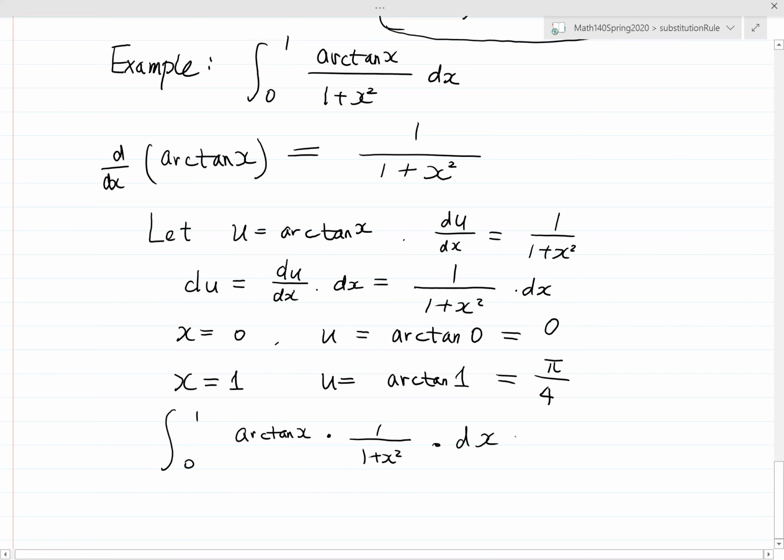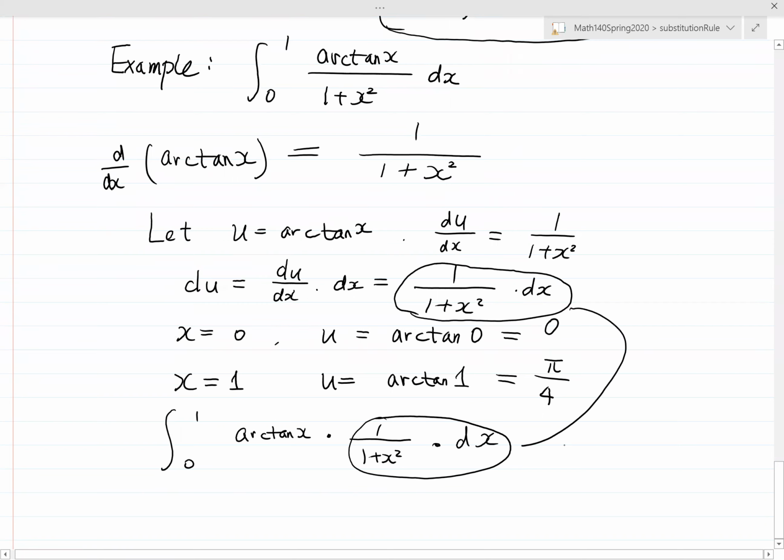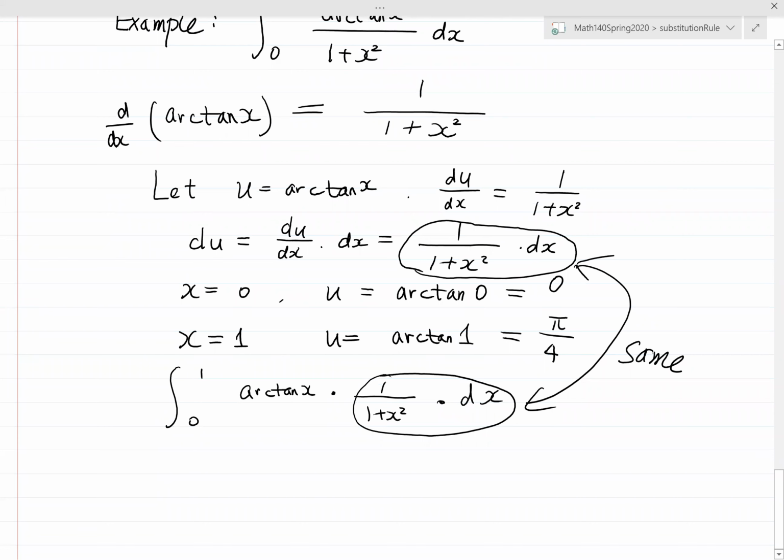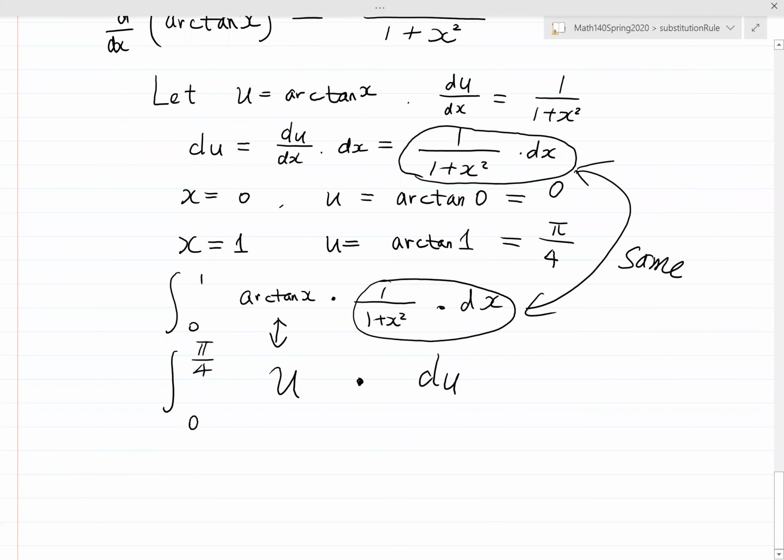Now you see they are the same. So we can substitute 1 over 1 plus x squared dx by du. We substitute arctan of x by u, the limit 0 corresponds to 0, and 1 corresponds to pi over 4. Substitute everything, then you see u du.